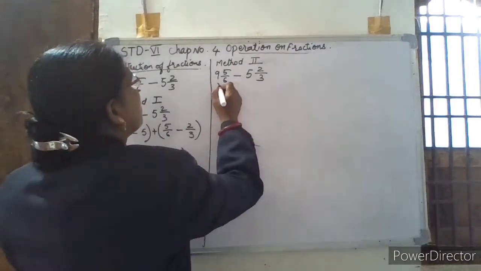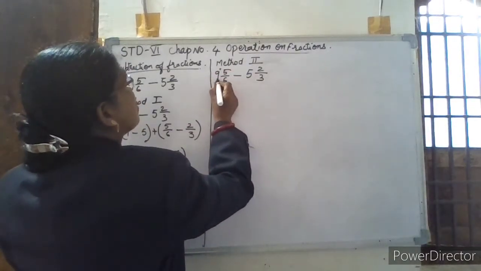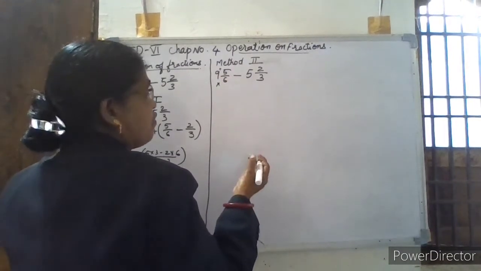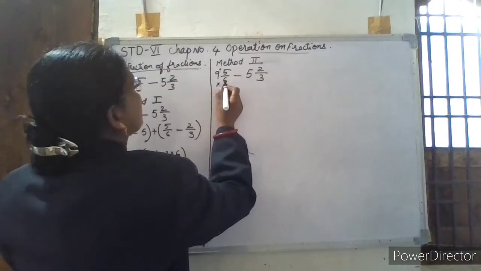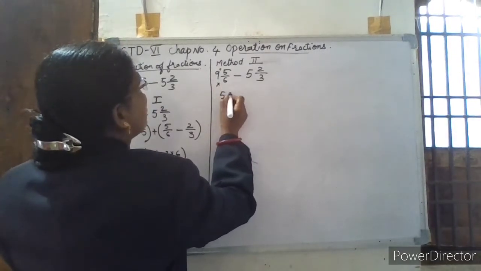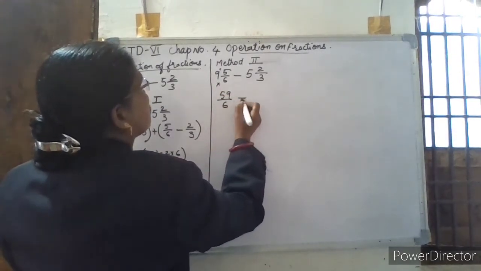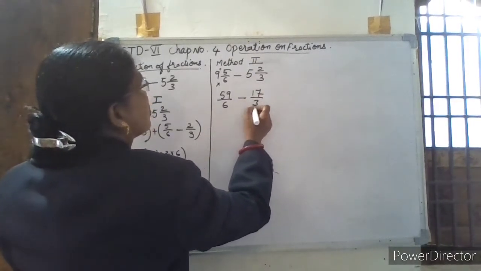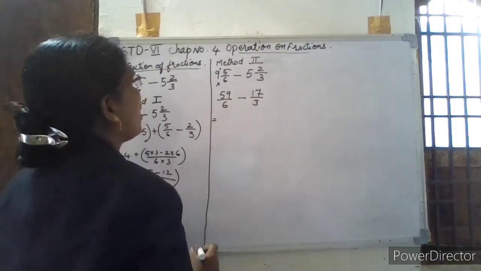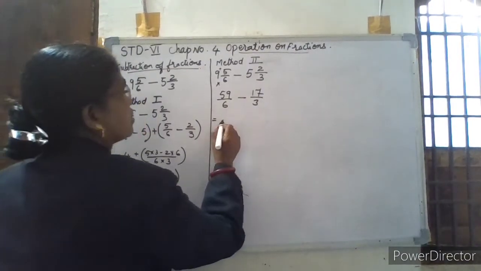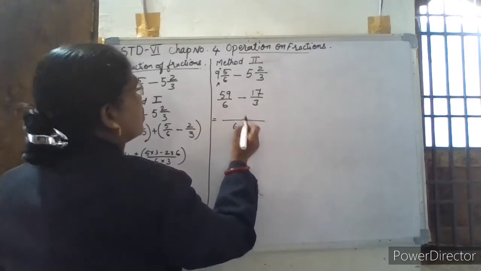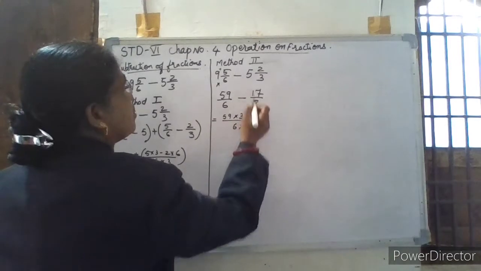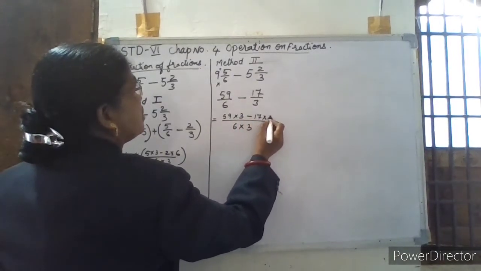Multiply, plus. 6 9 are 54, 54 plus 5 is 59. 59 by 6 minus 3 5 15, 17, 17 by 3. So this is equal to, now do cross multiplication. 6 into 3. So 59 multiply by 3 minus 17 into 6.